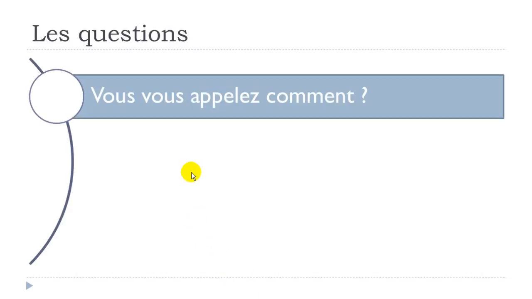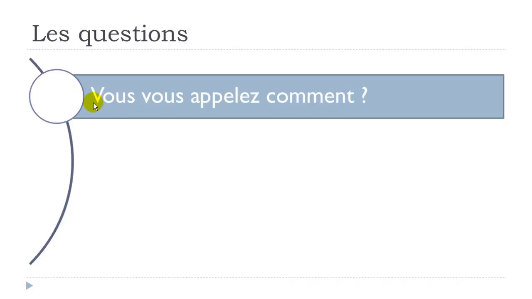So if you want the name of someone, remember that we use this s'appeler verb. Okay, so it's a reflexive verb, so that's the reason why you've got this vous. The first way of asking the name of a person, you use this vous, because it's the polite form anyway, because you don't know the person, so definitely you should use this vous, but then of course you can use this informal way of asking the name of a person.